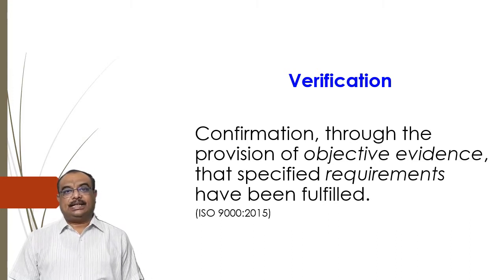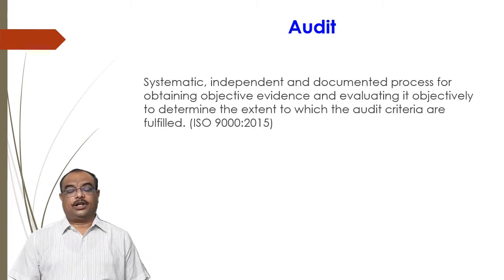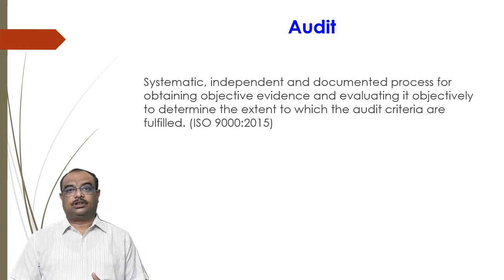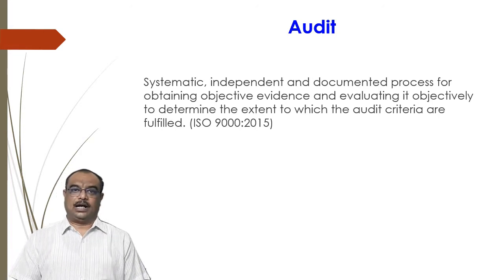Now, my next term is audit, which is very important to understand, because in an organization, if auditors are going for the audit, they should focus on the audit requirements, not on the verification requirement.